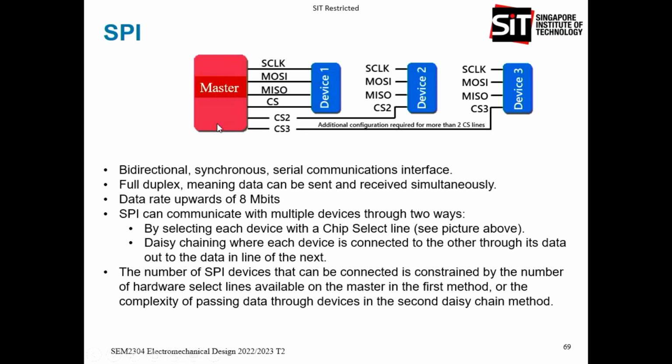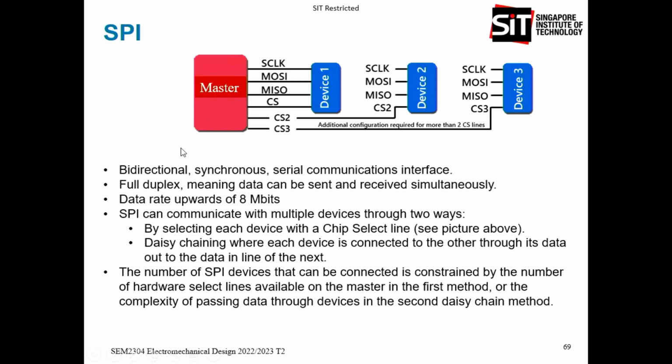Of course, you can also do centralized. But for SPI, you can only do centralized. You can't do other types of network structure, and the disadvantage is that if the master goes down, that's it. But if you need very fast communication and simultaneous two-way communication, then SPI is the way to go. And SPI is faster than I2C.